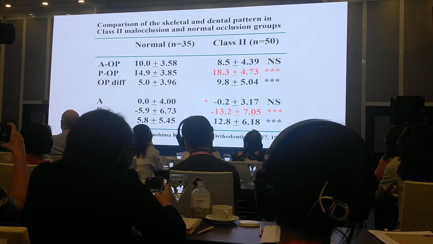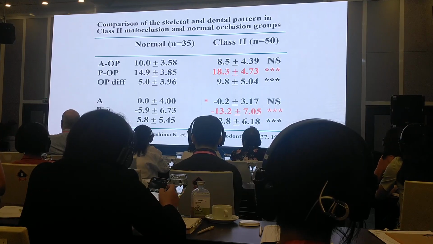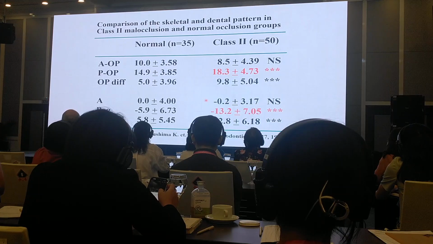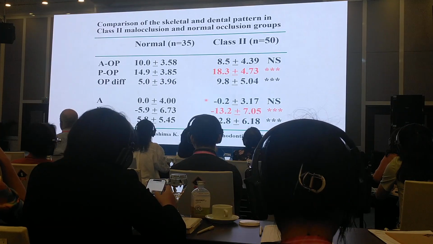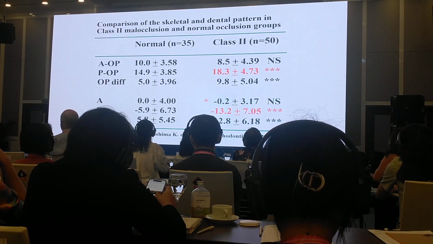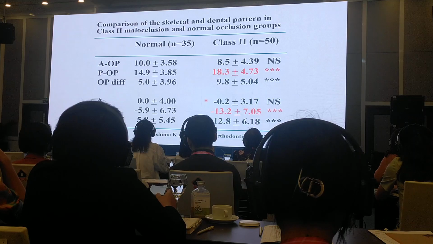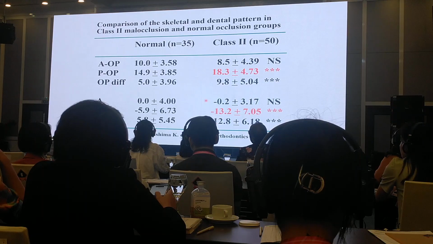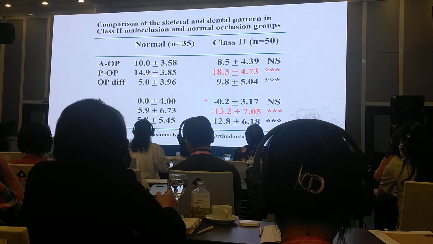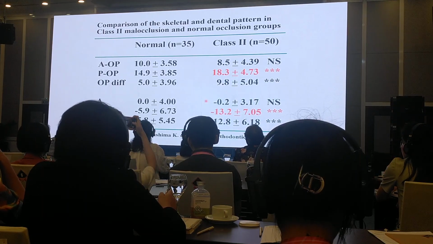After this publication, we continuously published papers about this posterior occlusal plane problem. But I don't know. Orthodontists are lazy in the world. They don't care about vertical dimension. Okay, this is data.